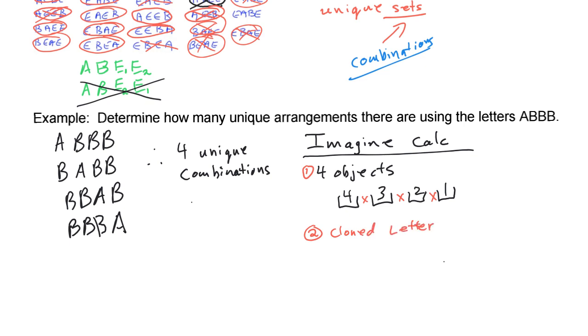Okay, so those cloned letters, there's 3 of them. There's B's, right? So the B letters are 3, 2, 1. You choose 3 of them, you get 1, you choose another one, you get 1, you get another one. So what we do is we basically figure out the arrangement of the cloned letters, and that's going to equal 6. This first one was equal to 24. Okay?